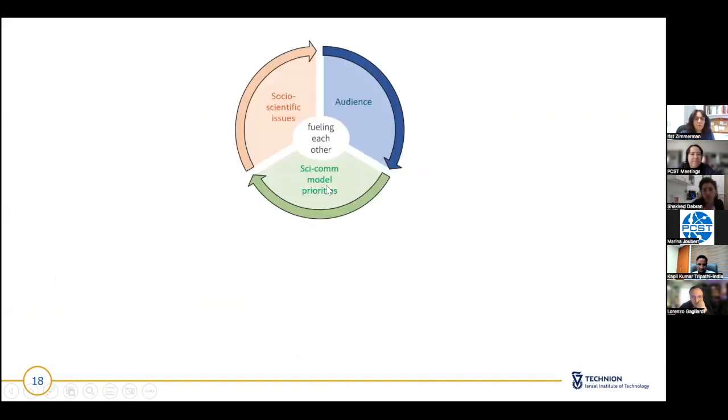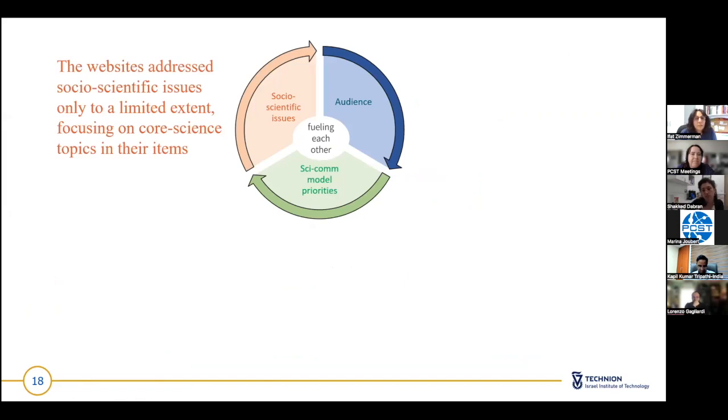Okay, I would like to point to three points of the research that we found. The websites addressed socio-scientific issues only to a limited extent, focusing on core science topics in their items. Socio-scientific issues are likely to arouse response.